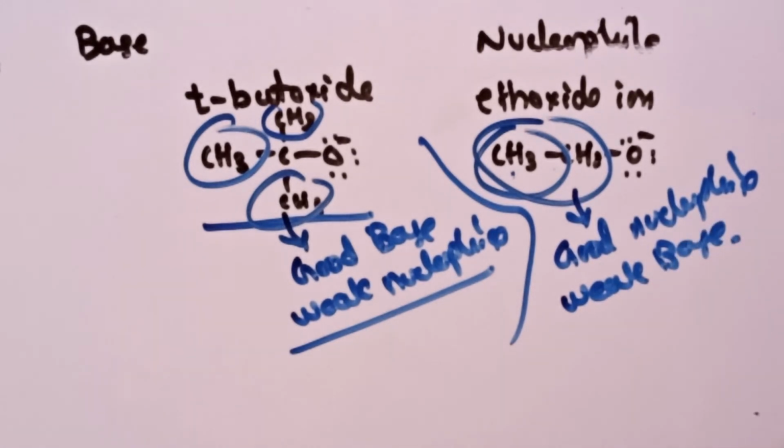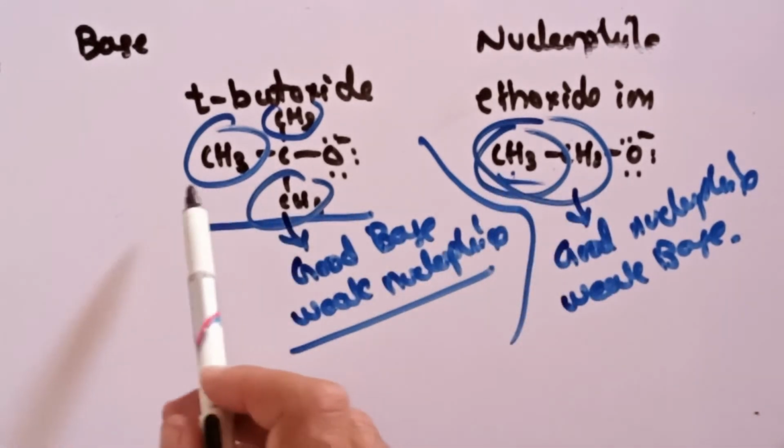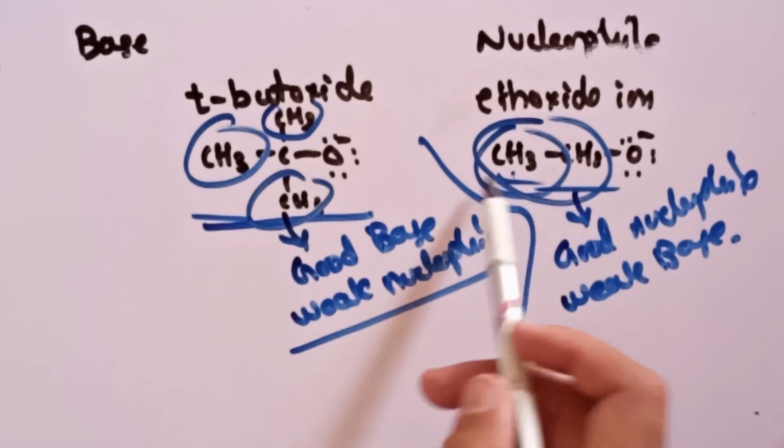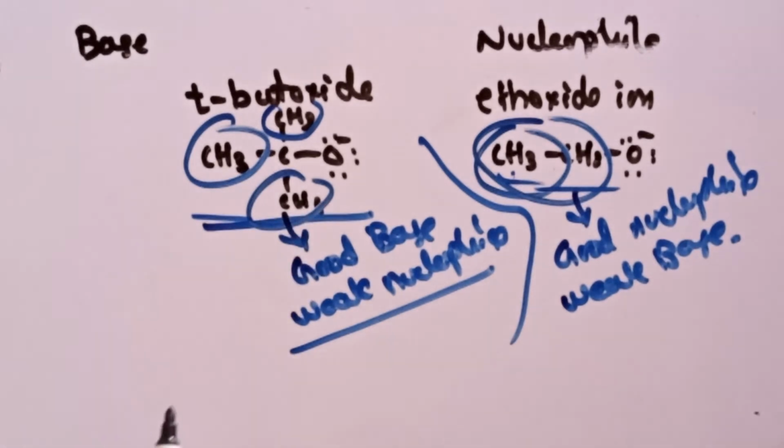If someone asks which one is the strong base and which is the weak base: ethoxide is the weak base and tertiary butoxide is the strong base, while ethoxide is the strong nucleophile and tertiary butoxide is the poor nucleophile. Let's explain. If you have the reason, please pause the video and comment.